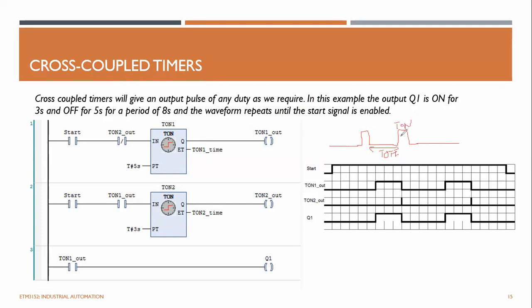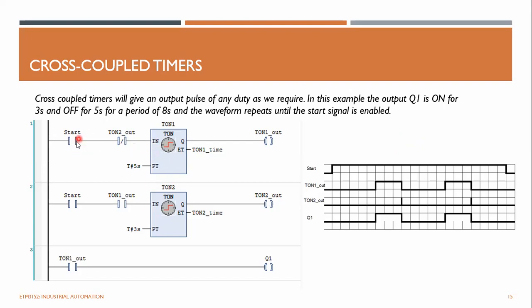So you can adjust either this time or this time, and the summation is these two times, right? You can make any arbitrary waveform using these cross-coupled timers, and this is quite interesting and a little bit confusing, but try to understand, right?